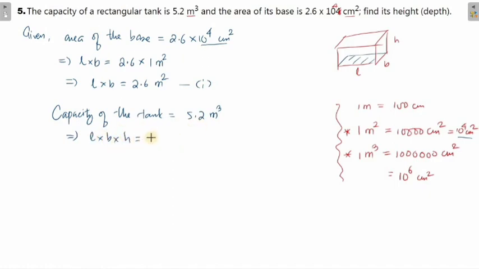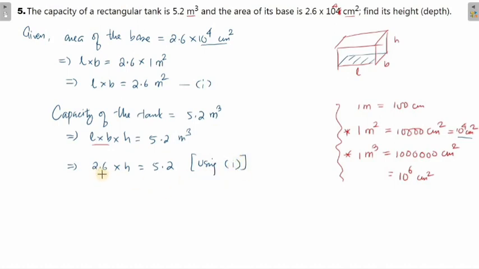So this is given to be 5.2 meter cube. Now what is L into B? Look at this. This is 2.6, isn't it? So in place of L into B, I can write 2.6 into H is equals to 5.2. So this is using 1.